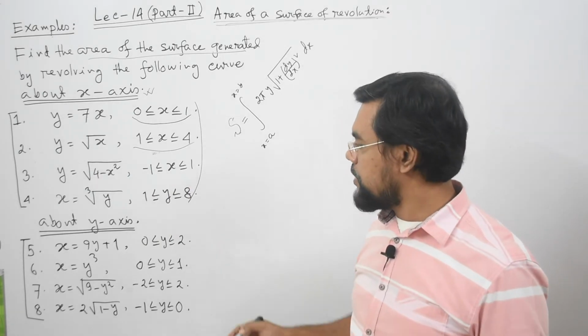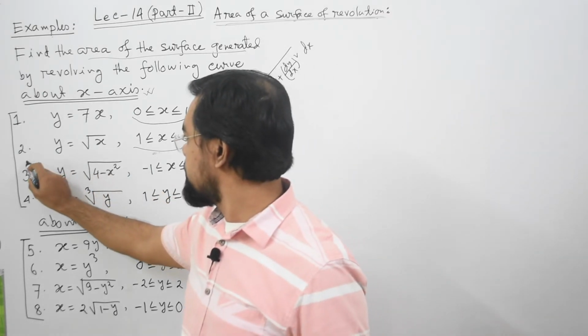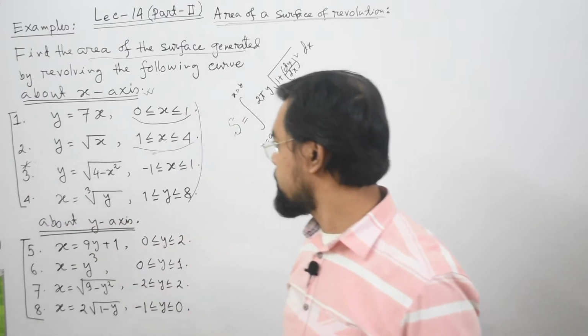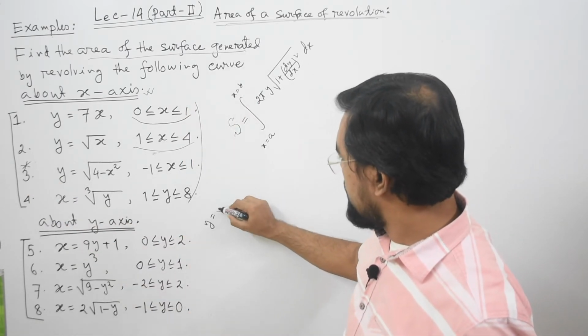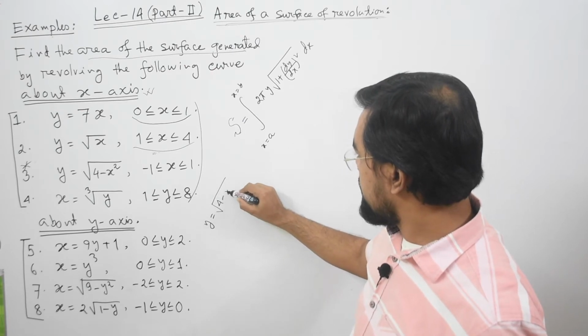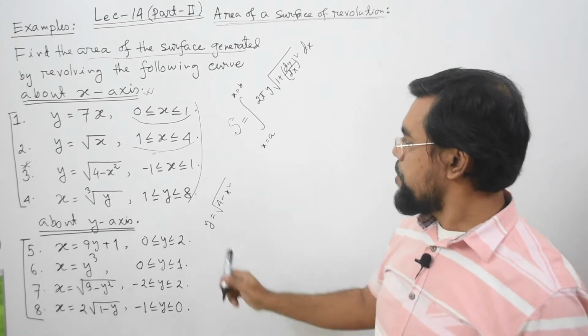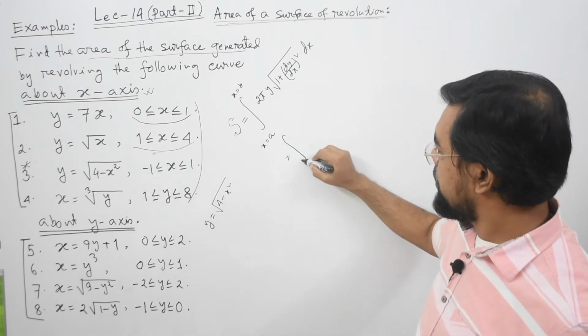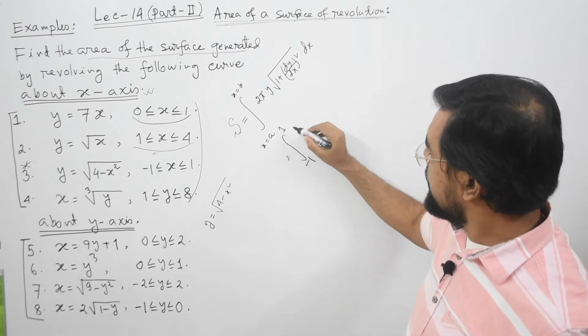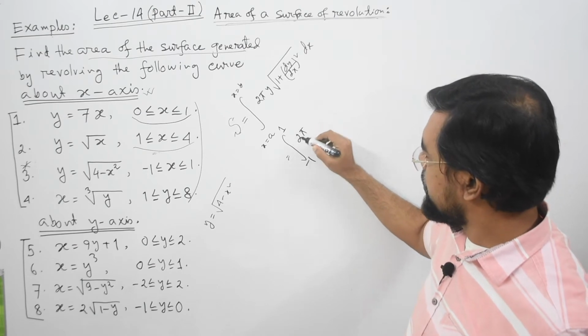Now let us try the third one. The third one is a bit important for several exams. So here y equal root of 4 minus x squared, and the limits of integration will be minus 1 to 1, 2 pi.